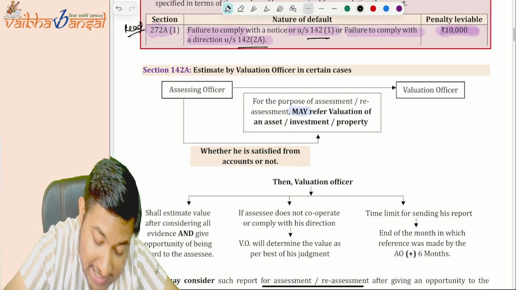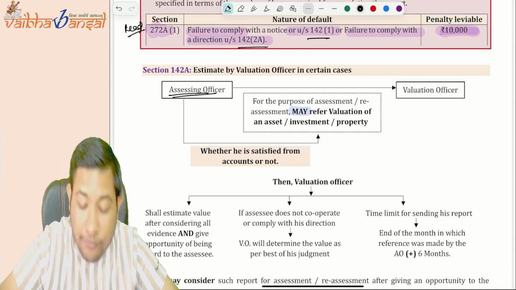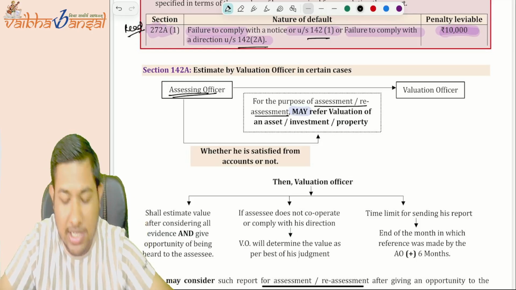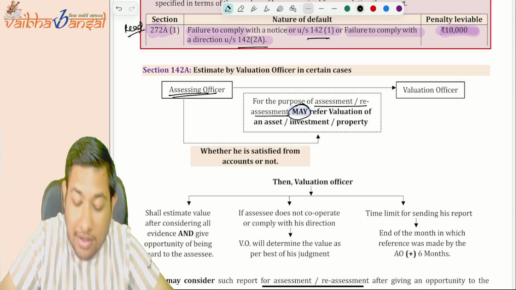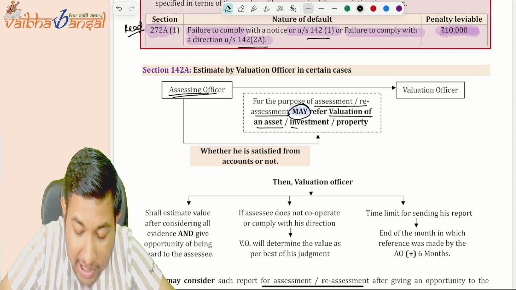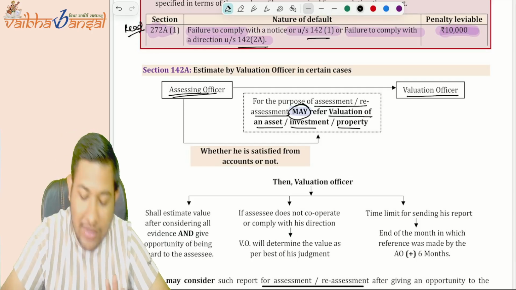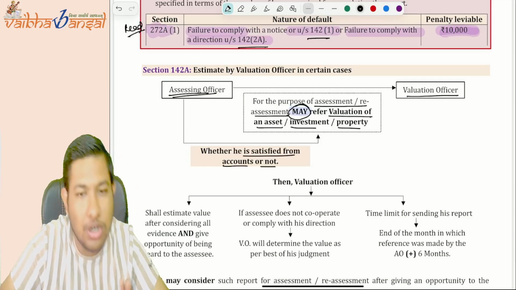is that the assessing officer, for the purpose of assessment or reassessment, may refer the valuation of an asset, investment or property to whom? The valuation officer. Whether he is satisfied from the accounts or not does not matter.